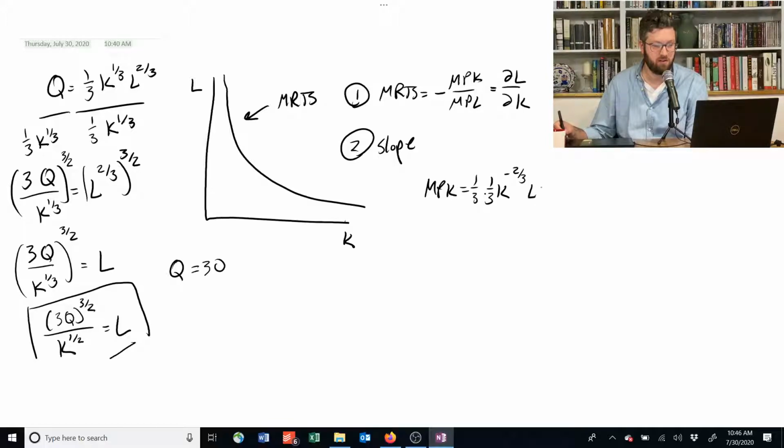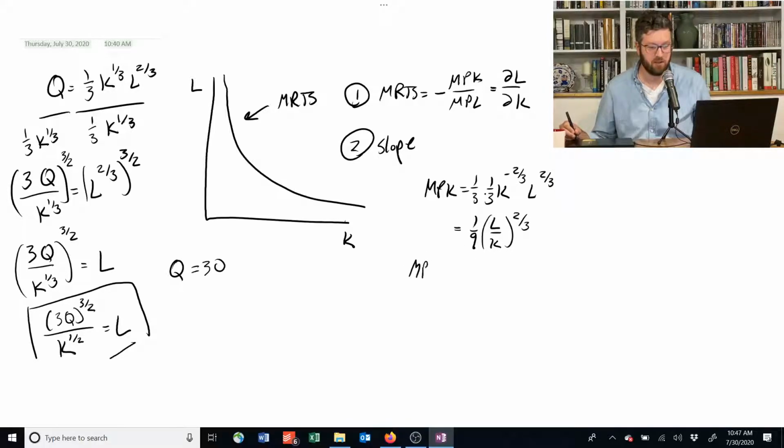And then we have L to the positive 2/3. This is equal to 1/9, and one way to write it is L over K, all raised to the 2/3 power, because we have L to the 2/3, K to the negative 2/3, so we can use the reciprocal rule and put it on the bottom there.